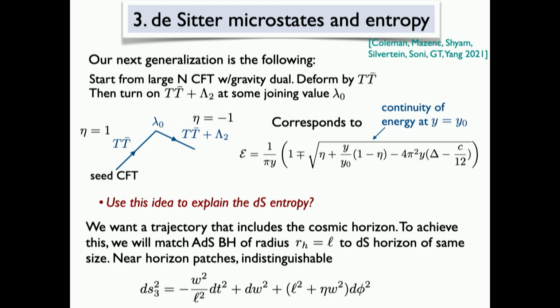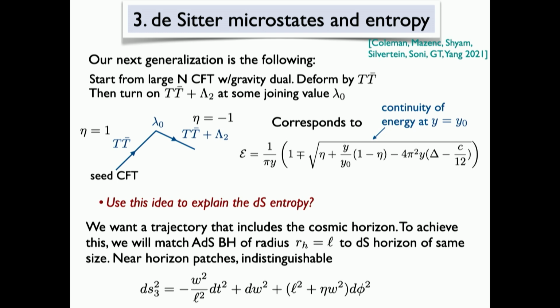Now we want to understand how to use it to obtain the deSitter microstates and account for its entropy. Okay. So the generalization will be to start thinking about this two-step trajectory. As I said, we cannot just take the deformation parameter to 0 if we have Lambda2. So first we'll start from a CFT, we'll do a part with pure TTbar, and then at some value of the deformation parameter, we'll go along a different trajectory that contains Lambda2.